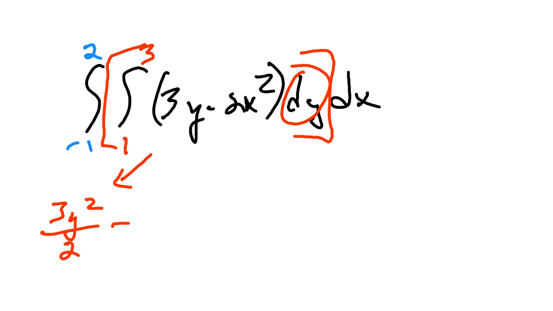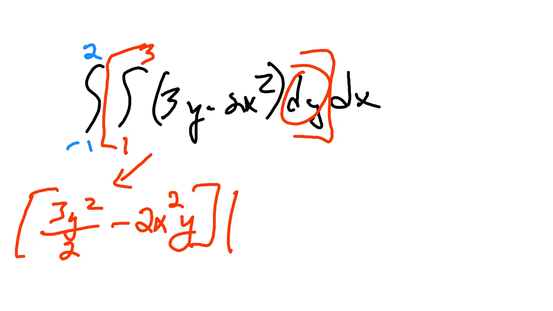And then minus 2x squared y, because 2x squared is like a constant, right? And so the antiderivative of a constant is a constant times y. And this is going to be evaluated from 1 to 3.